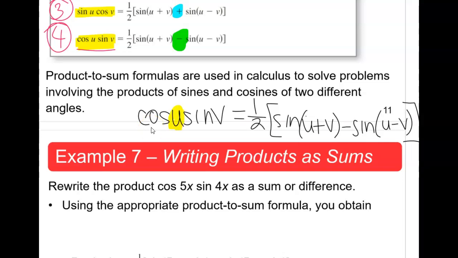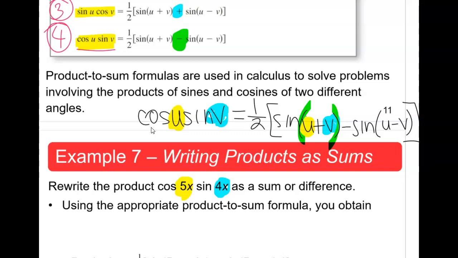First, let's look at our angles. Here we have u, and then we have v. Now, with our problem, example 7, angle u happens to be 5x, and angle v happens to be 4x. So that is what we're going to be substituting into the parentheses here.